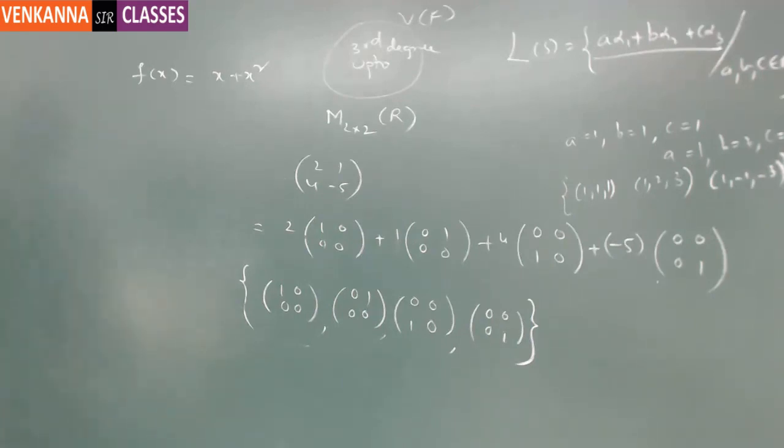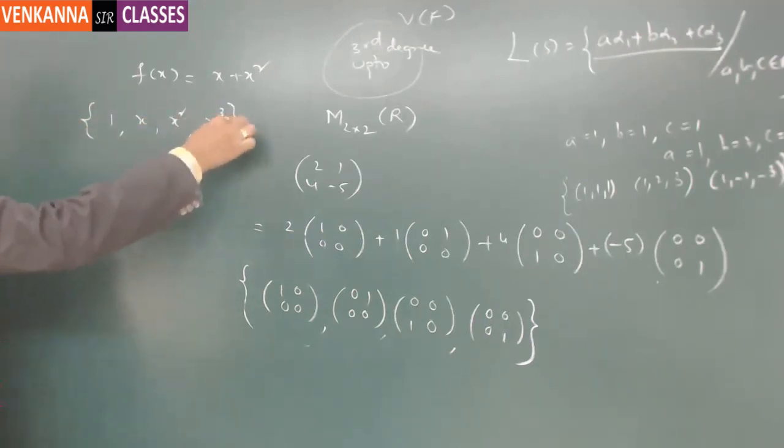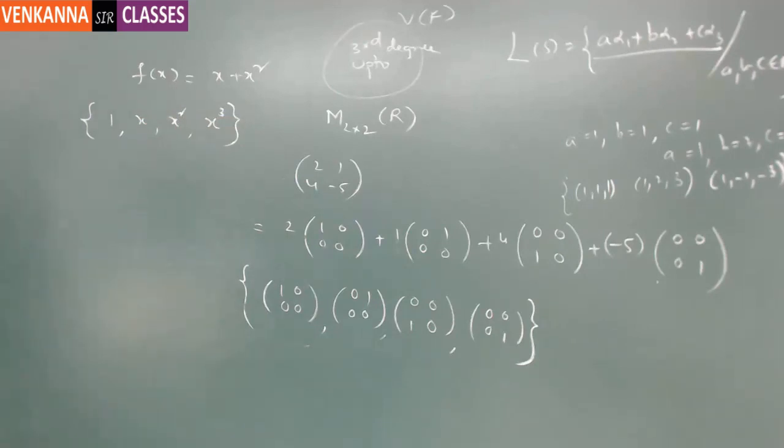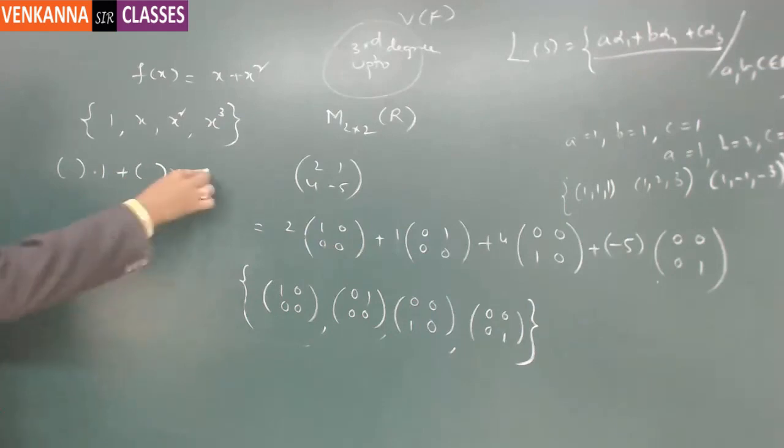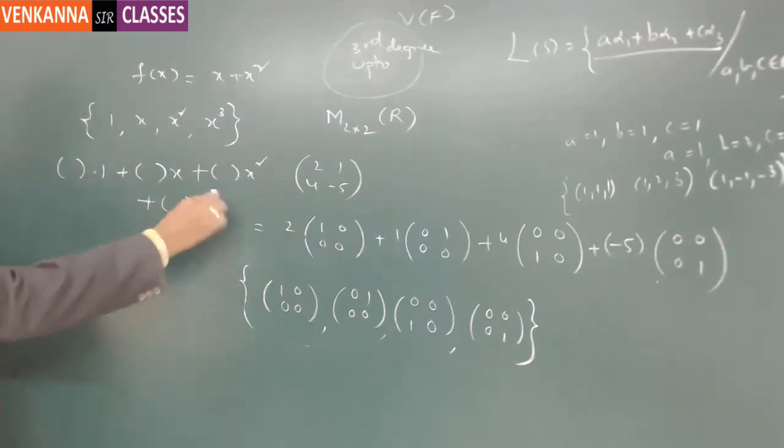It is very simple. The spanning set is simply 1, x, x square, x cube. Because whatever polynomial you consider, it is written using these: some number into 1 plus some number into x plus some number into x square plus some number into x cube.